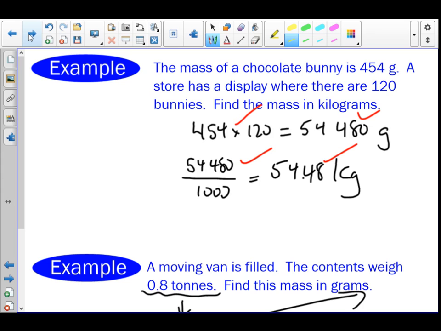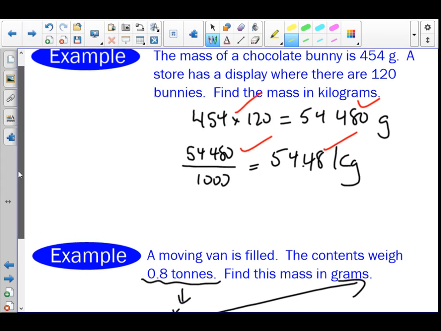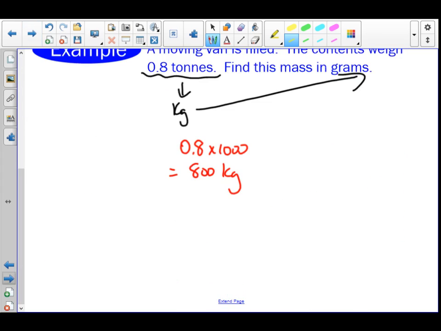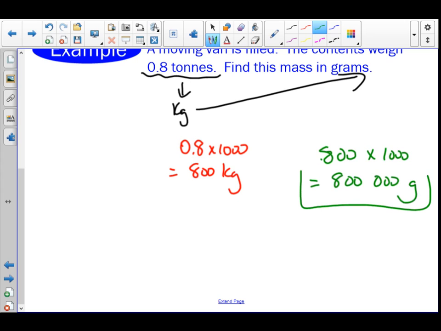So instead of dividing by 1,000, we're going to multiply by 1,000. So 800 times 1,000 is 800,000 grams. And that's your final answer.